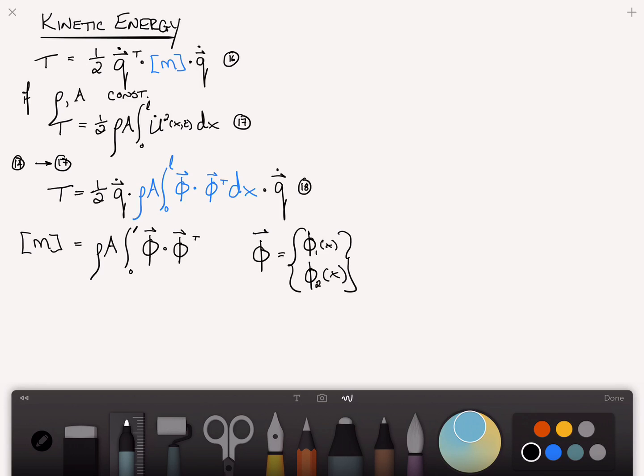And phi transpose are just these shape functions side by side instead of stacked in a vector. So I just don't want that to cause any confusion. But that's all that phi and phi transpose are. I'll make it clear in the next line.